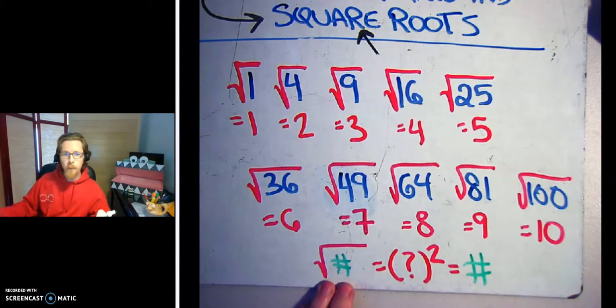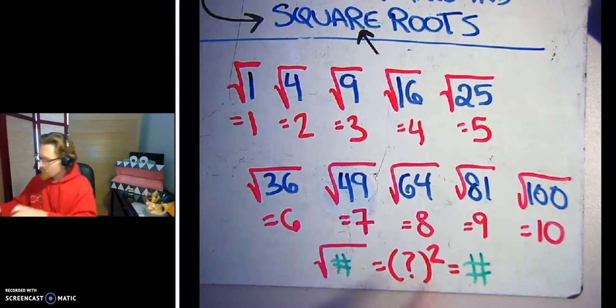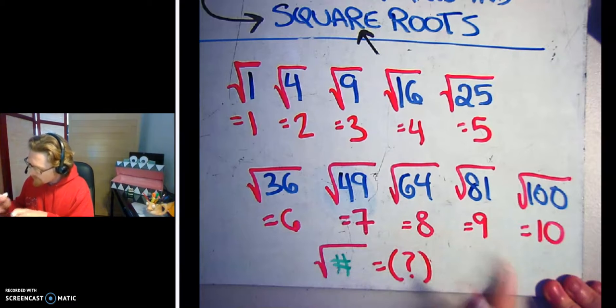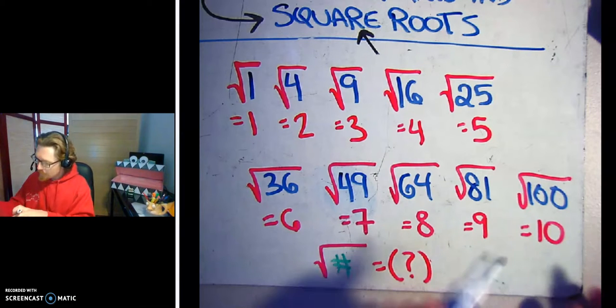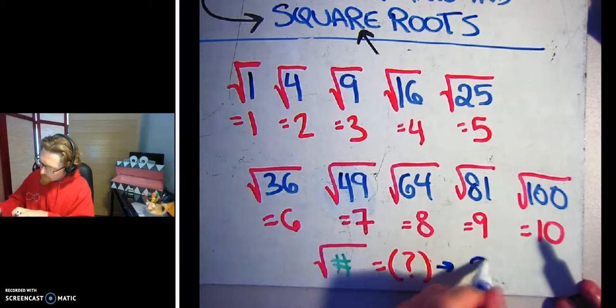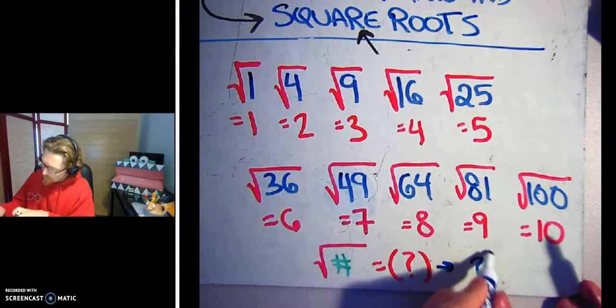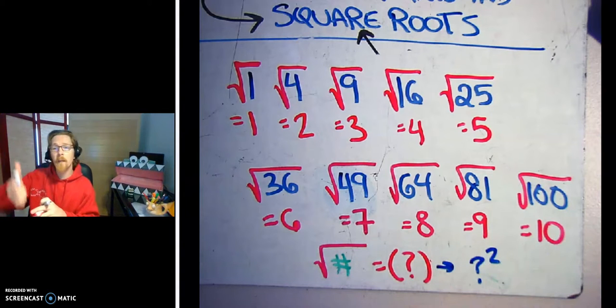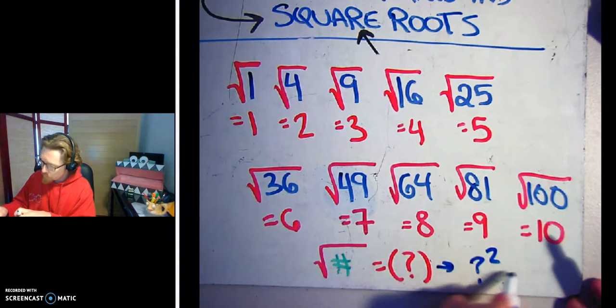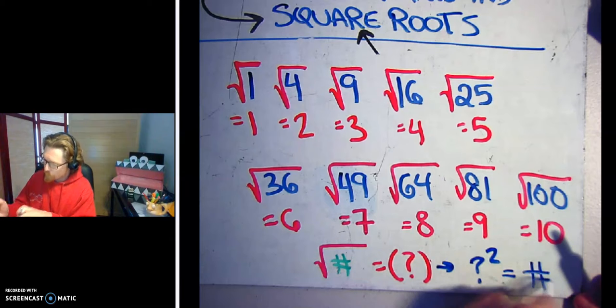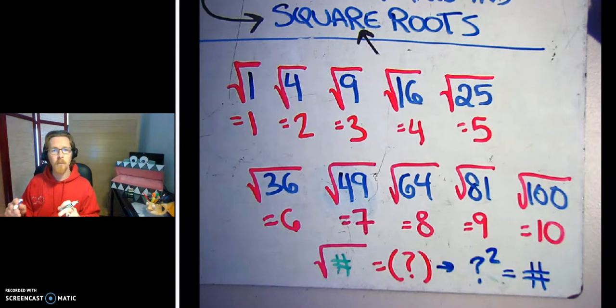So the square root of a number is equal to some number. And really what that means is when I take that number and I square it, meaning I raise it to the power of 2, I get the number that I originally started with.